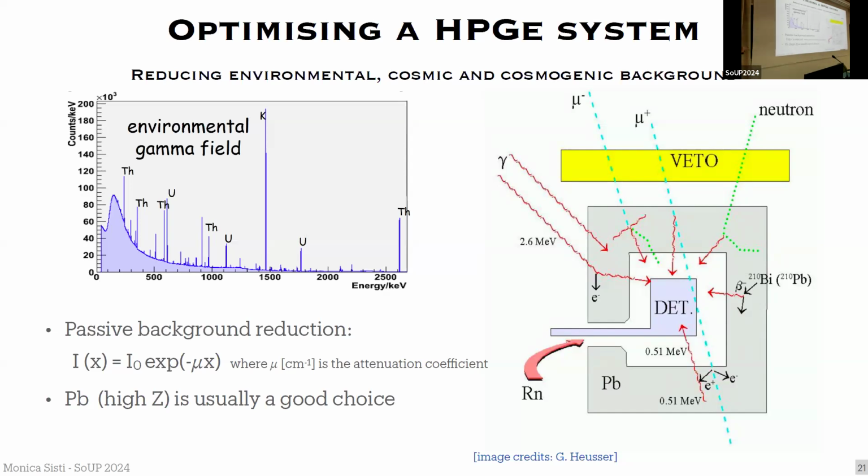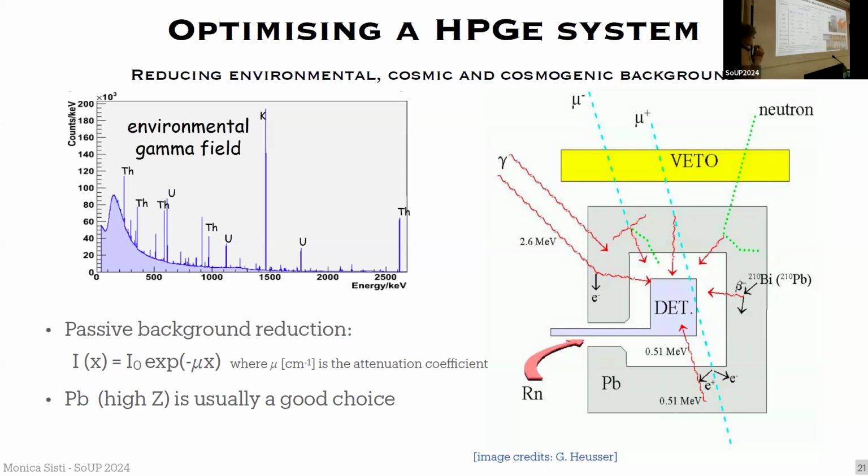So you have to shield the gamma radiation field up to 3 MeV. With passive shielding, you have to choose the thickness of your shielding, which is usually a high Z material, because the attenuation coefficient is stronger. Usually 10 to 15 centimeters of lead are quite a good choice.